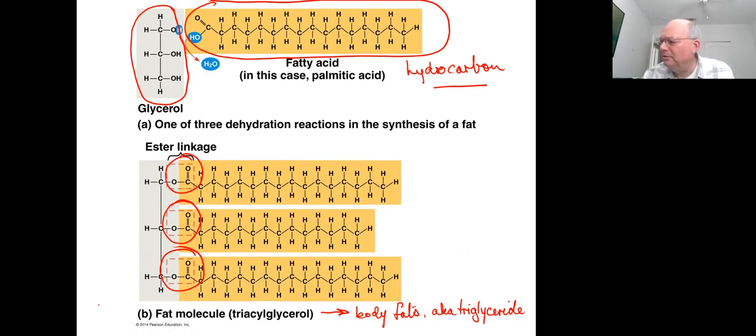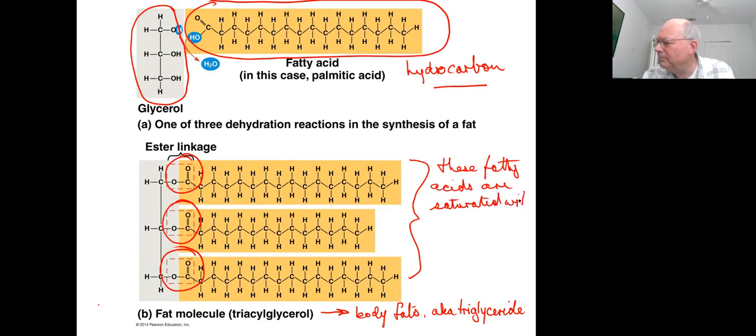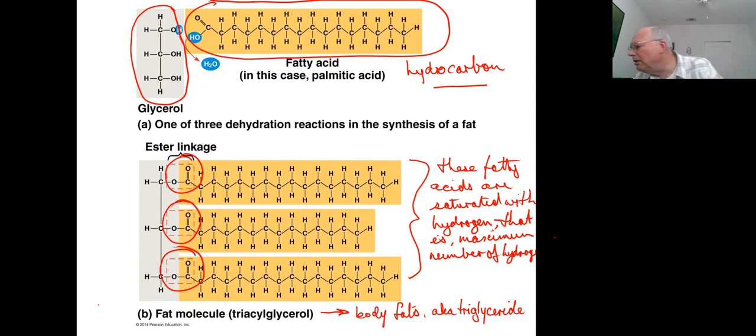Now, all of these fats, all of these fatty acids, can't see that, can you?